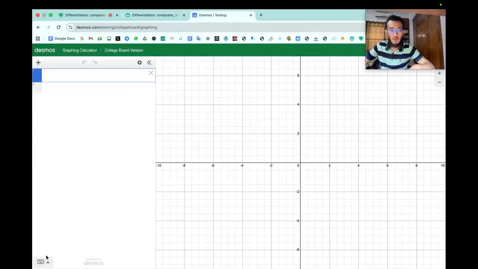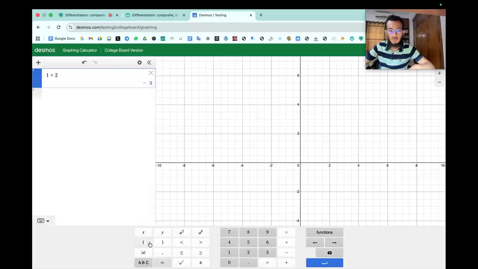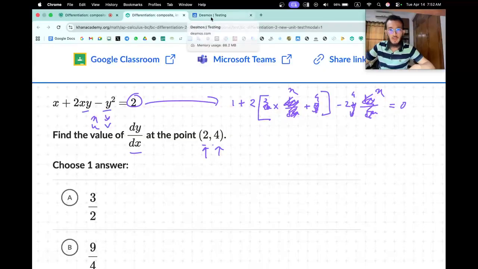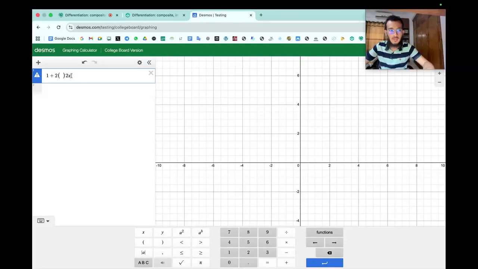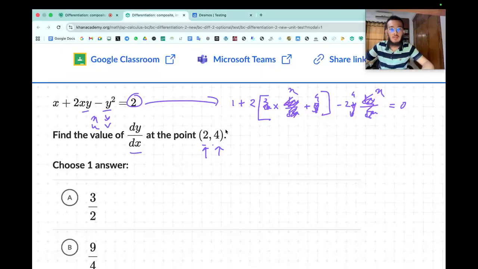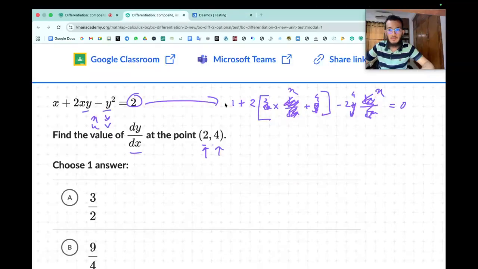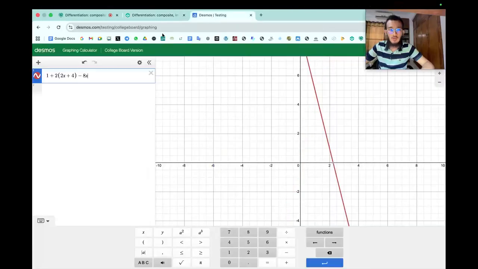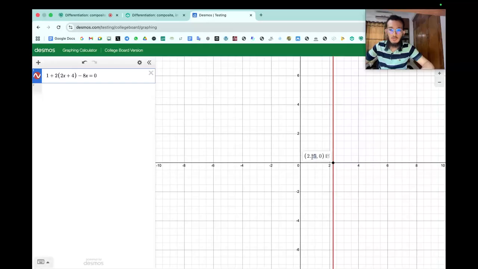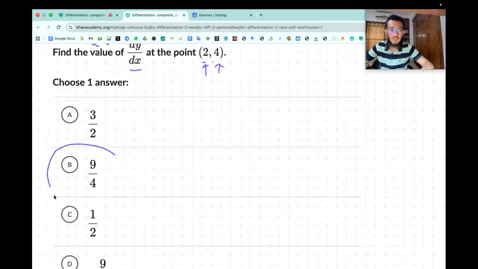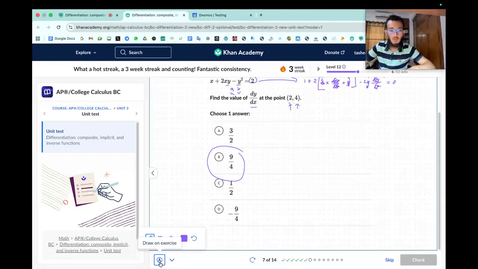So 1 plus 2 times the bracket, 2 into x, so 2x inside the bracket, plus 4, minus 2 into 4, which is 8, minus 8 into x, which is what we are trying to find, equals 0. So the solution of x is what we are looking for, the differentiated value dy/dx, and they have asked for fractions, so 9 by 4 matches our working.